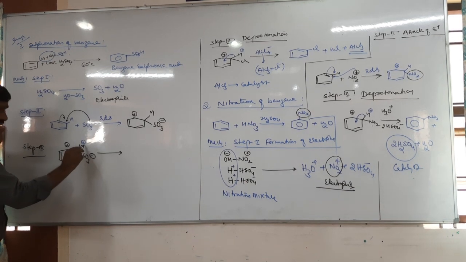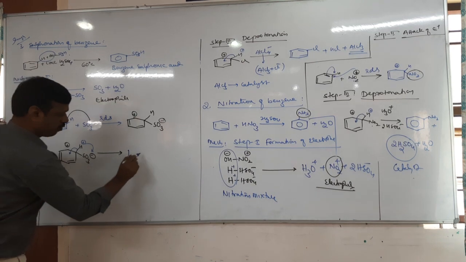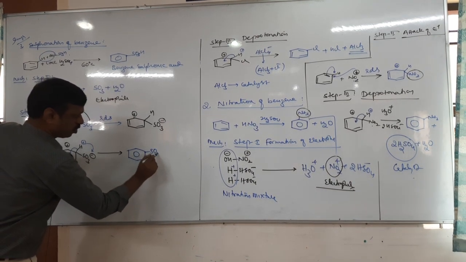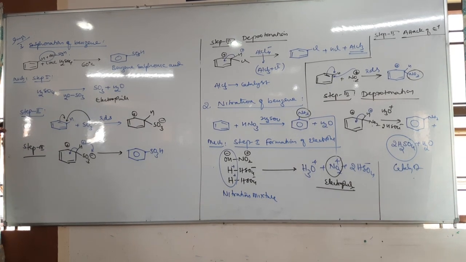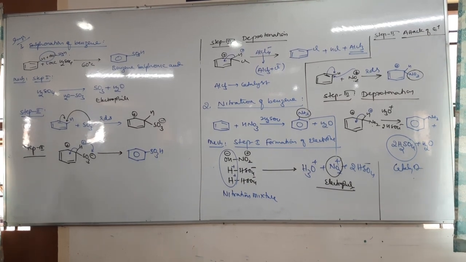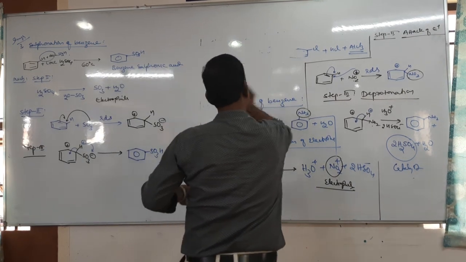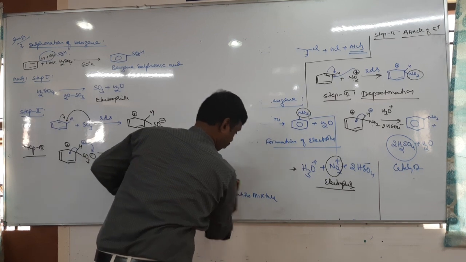Now this H plus shifted here only. So therefore it becomes SO3H. That's it. Sulfonation of benzene. So what is the electrophile in sulfonation? That is a neutral electrophile, SO3.